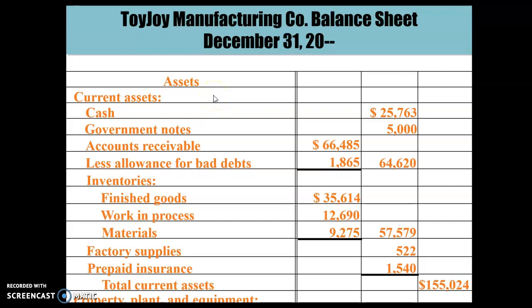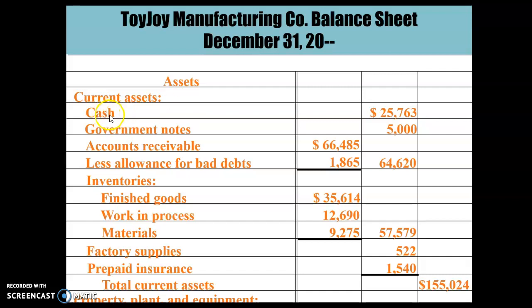This is a classified balance sheet, and so it's made into classifications such as current assets and property, plant, and equipment, which is shown at the bottom. Okay, current assets are all the assets that are going to either be sold, turned into cash, or be used up within 1 year.